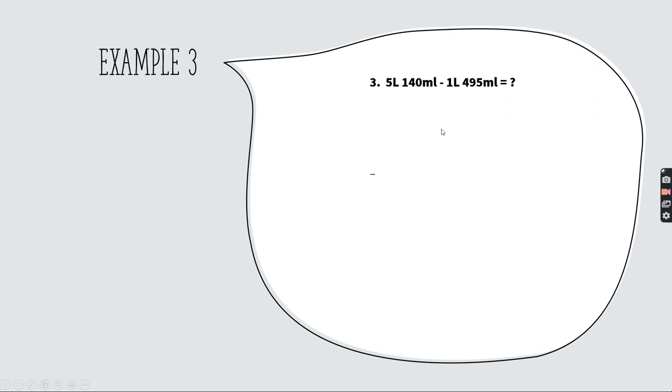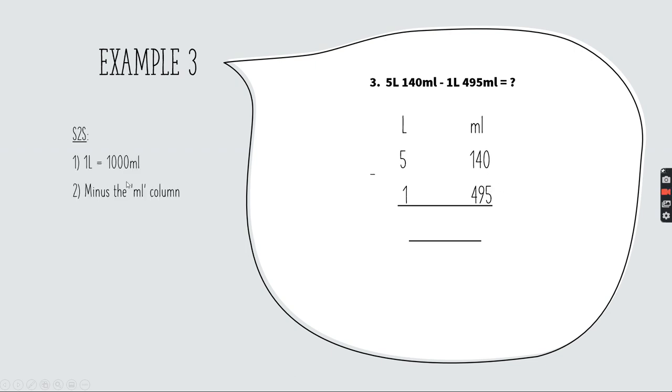Next example, 5 liters, 140 milliliters minus 1 liter, 495 milliliters. First thing first, rewrite it in column method. So we have our 5 liters, 140 milliliters over here, minus 1 liter, 495 milliliters here. Step 1, 1 liter is 1000 milliliters.